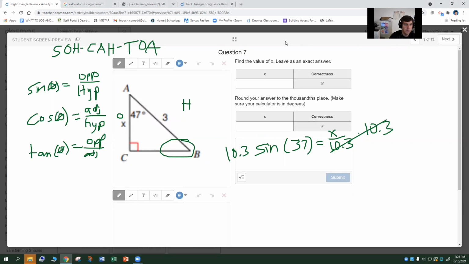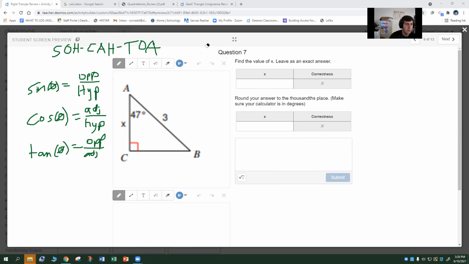Okay, next one here. Okay, so we're going to circle the 47. 3 is the hypotenuse, x is the adjacent, so it's going to be cosine. So we're going to do cosine, you input the angle measure, 47, and the output is the ratio of the adjacent over the hypotenuse, so that's x over 3.